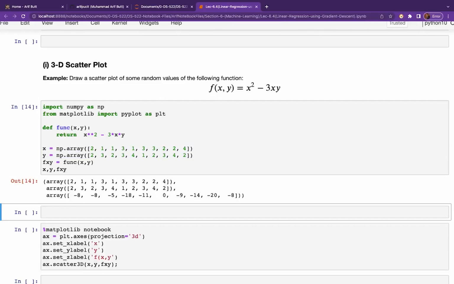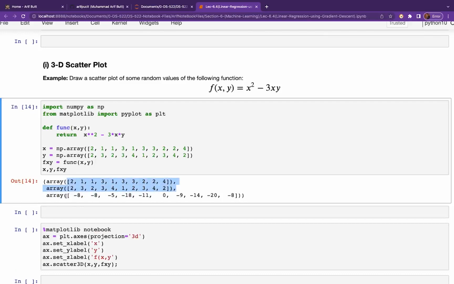Let me execute this. So these are the two x and y arrays, and this is the value of that function. So for x is equal to 2 and y is equal to 2, we have f of xy is equal to minus 8 and so on. I hope this makes sense.